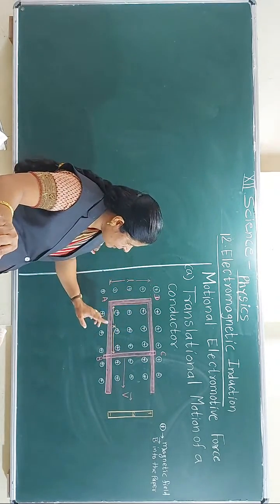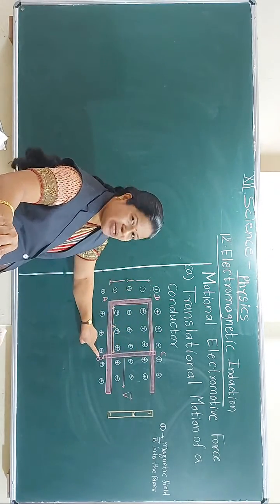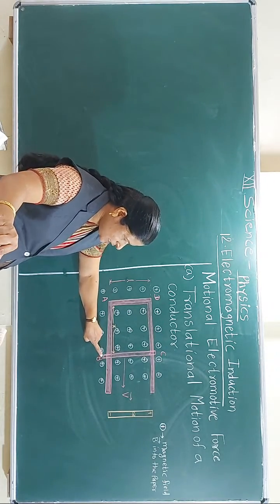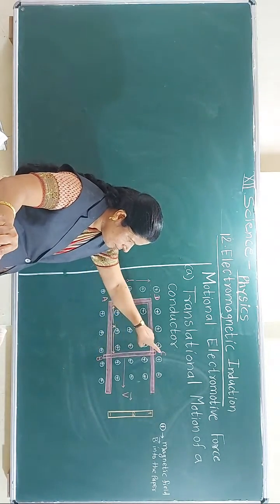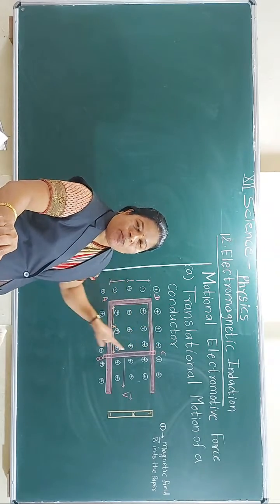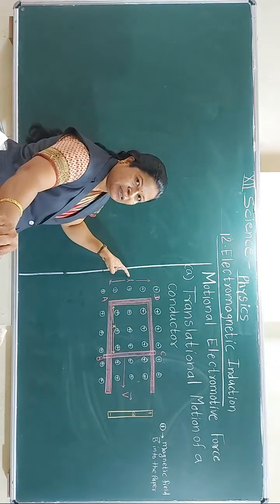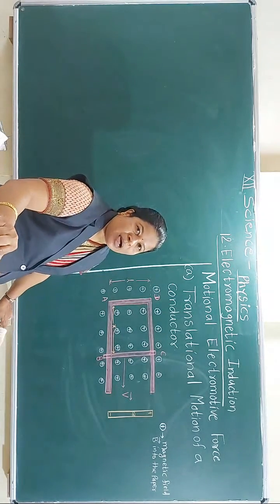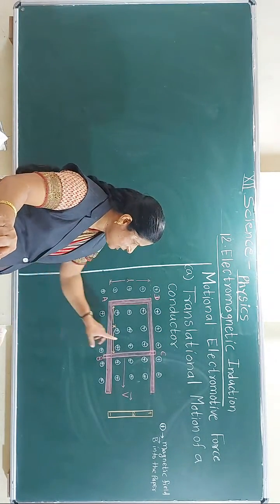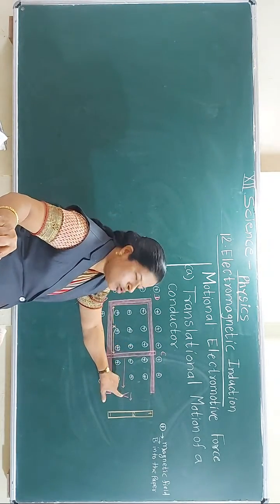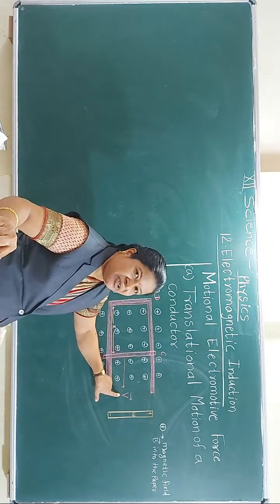As shown in figure, observe this figure, wire BC of length L is moved out with a velocity v.